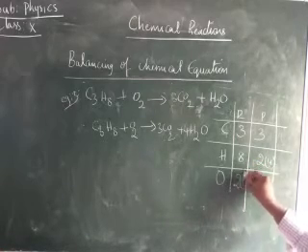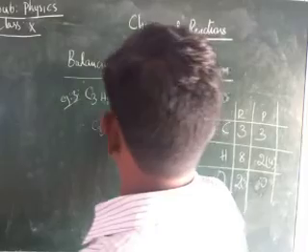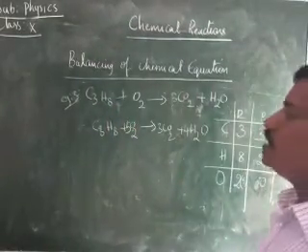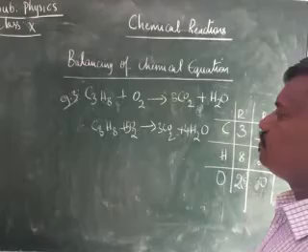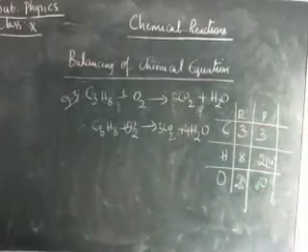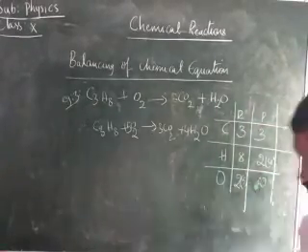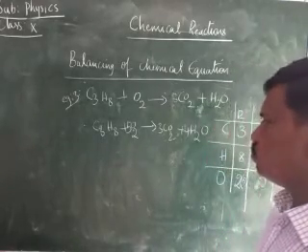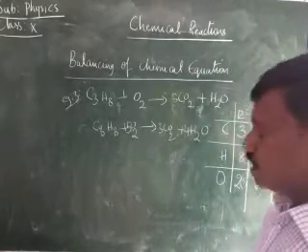Therefore I can keep 5 here. Therefore what is the balanced chemical equation for propane reacting with oxygen? That is C3H8 plus 5O2 gives rise to 3CO2 plus 4H2O.